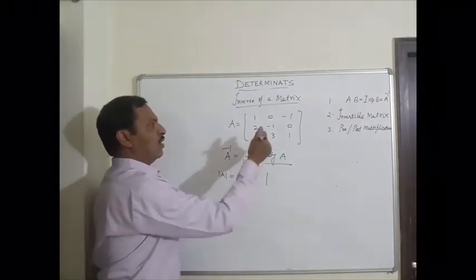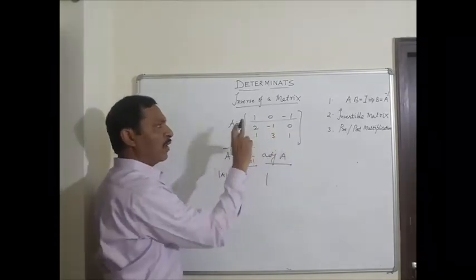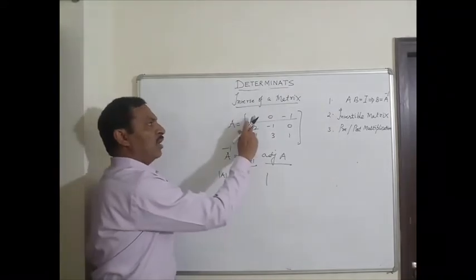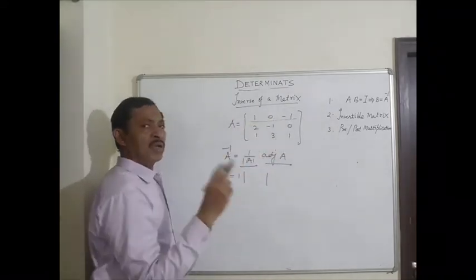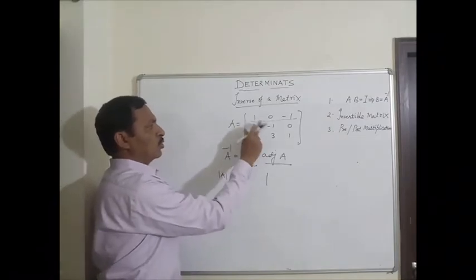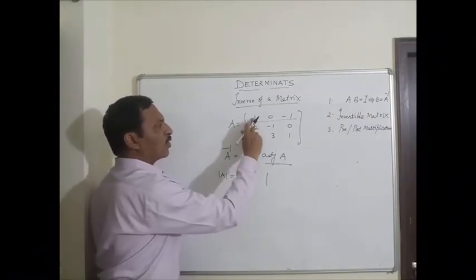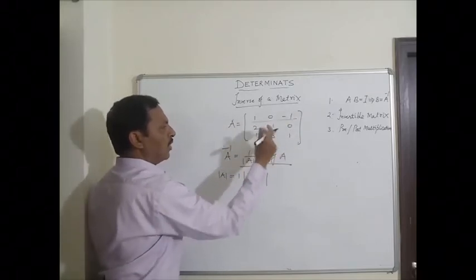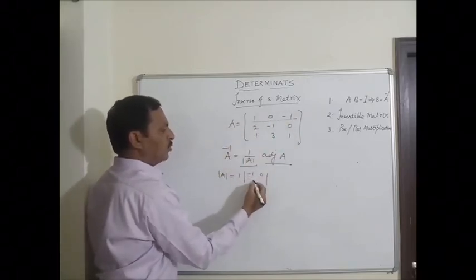We just select any one row, or any one column, and multiply the elements of that particular row with their corresponding cofactors. So I have selected the first row. The element is 1, and what is the cofactor of this? I deleted the first row, first column, and the elements are minus 1, 0, 3, 1.